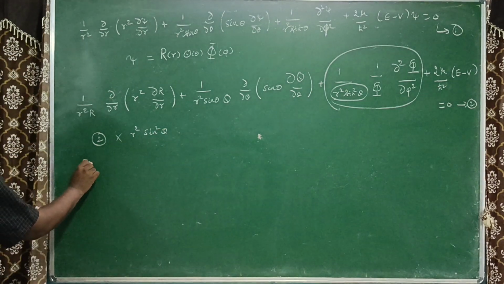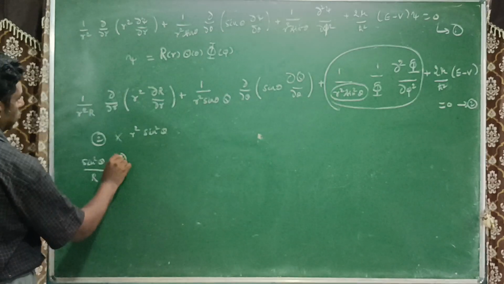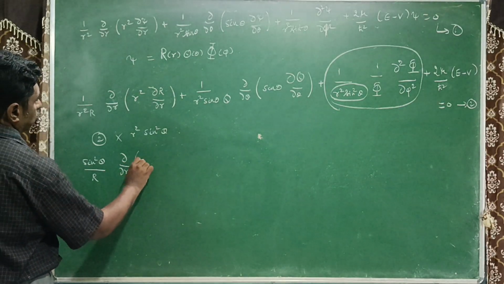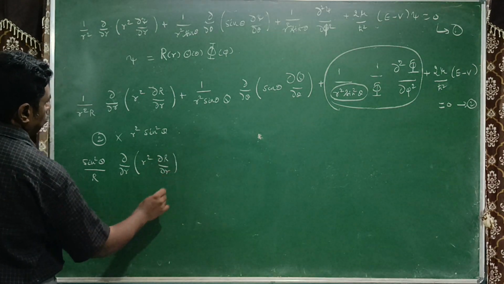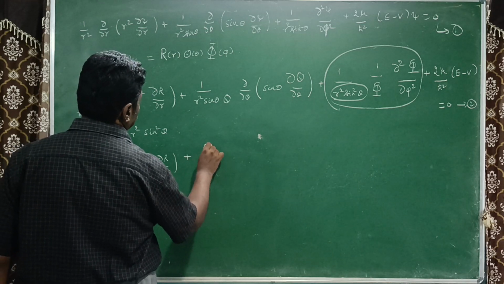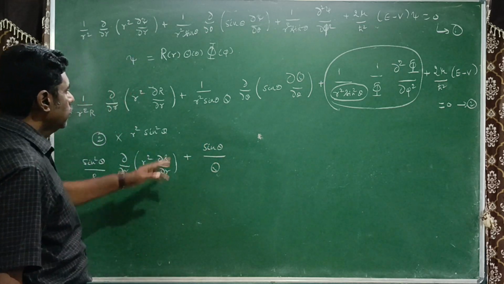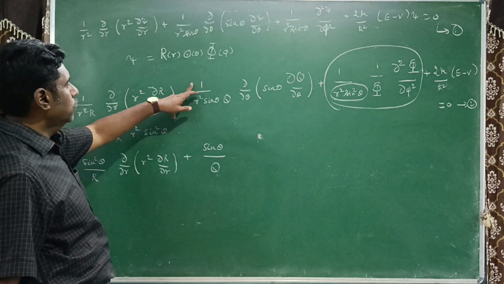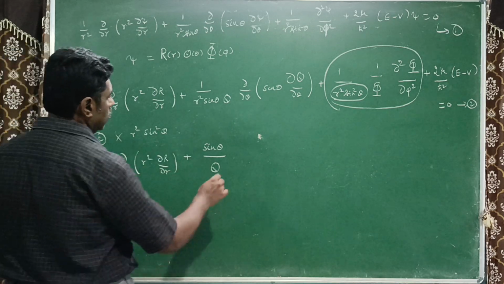Now, sin square theta by R, dou by dou r of r square dou capital R divided by dou small r, plus sin theta divided by capital Theta. r square sin square theta, r square cancelled out. Sin square theta by sin theta is sin theta divided by capital Theta.